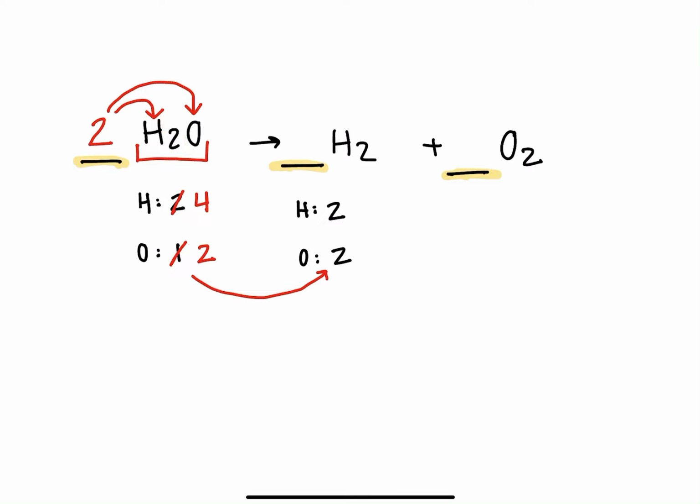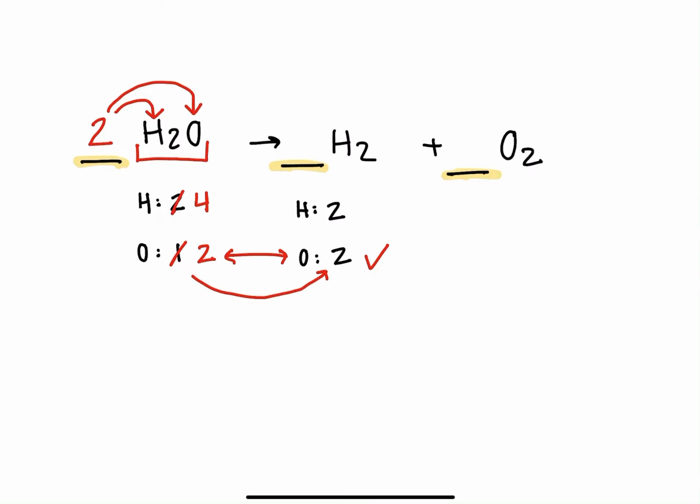And remember, the O didn't have an explicit subscript, so we just assumed that its subscript was 1, and that's why we now said that there's 2 oxygens. But since the H has a subscript of 2, we multiply it by the coefficient to get 4 hydrogens. Okay, so now our oxygens are balanced. They are balanced and ready to go.